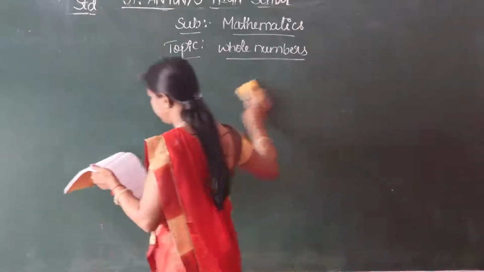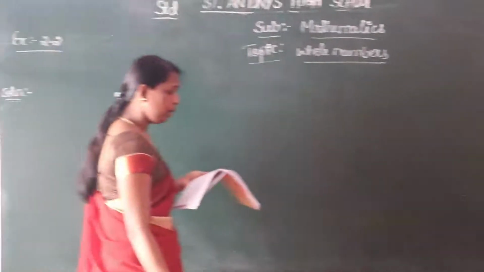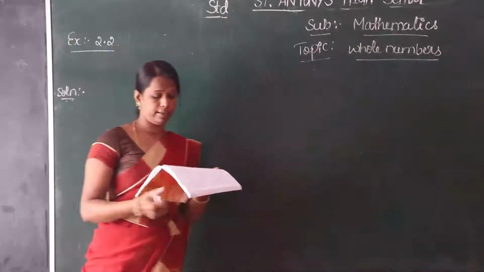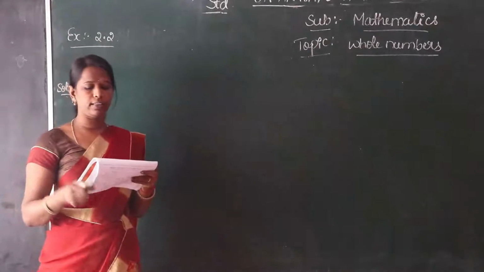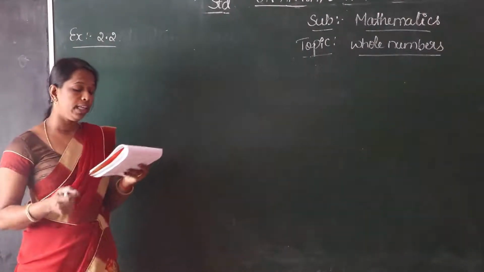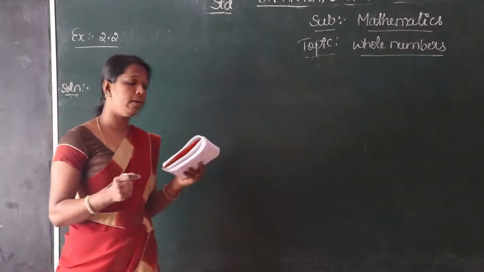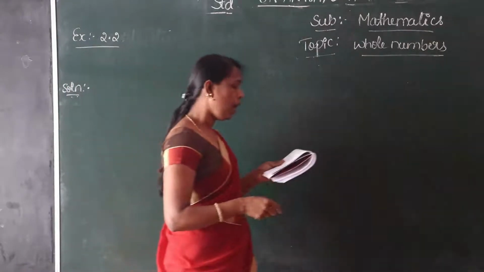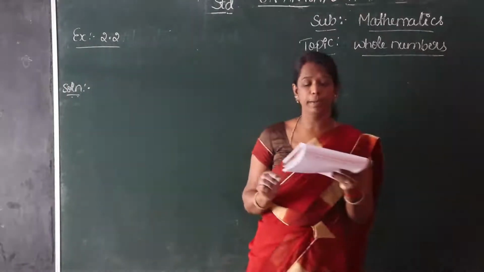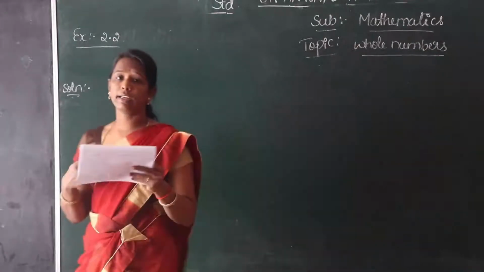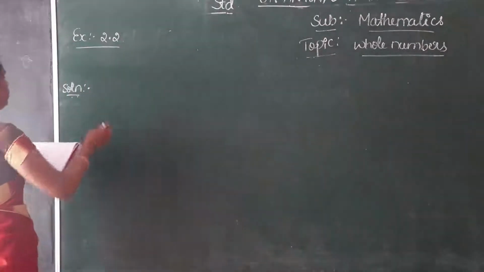Next sum. A vendor supplied 32 liters of milk to a hotel in the morning and 68 liters of milk in the evening. If the milk costs rupees 45 per liter, how much money is due to the vendor per day? So in the morning, he supplies 32 liters.